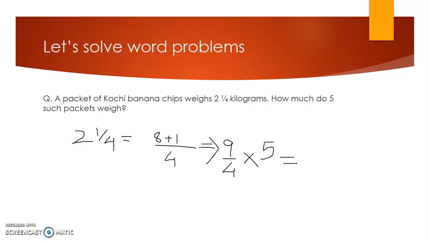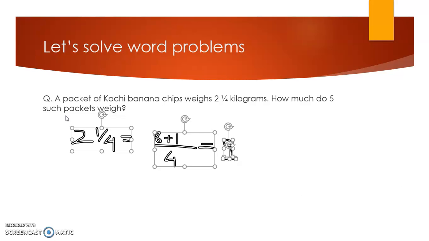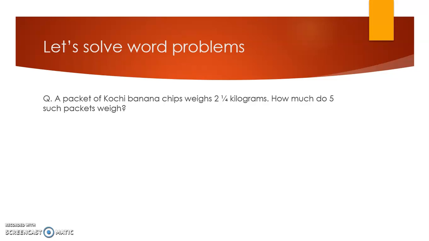It is 45 by 4. 5 into 9, 45. 45 by 4. We can represent this as a mixed fraction. It would be 11 1 by 4, and precisely that is the answer.